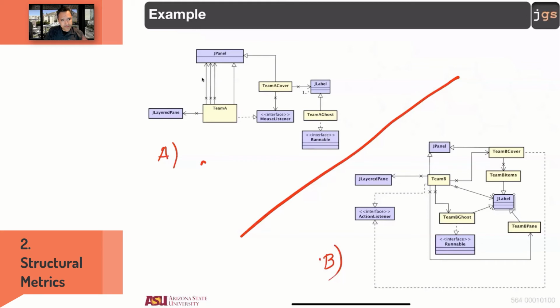Some people, you can agree or not, but most of the people are going to tell me, I want this one. If both are solving the same problem, the first thing that people mention is, I prefer the A. And when you ask why, the reason is because of the connections, there are fewer connections here. There are more lines here.